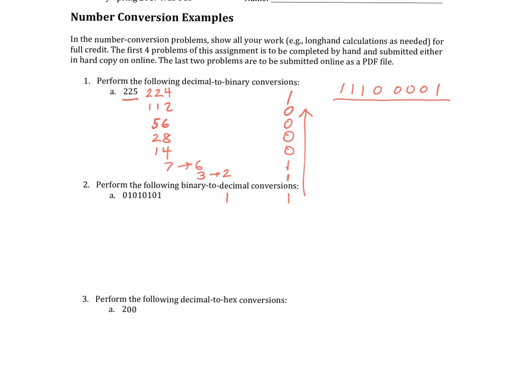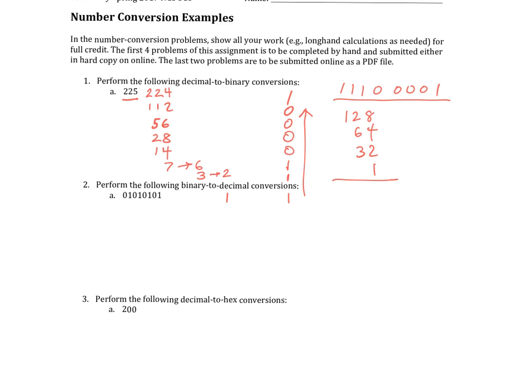Let's double check that. The places here go from 1, 2, 4, 8, 16, 32, 64, 128's place. So we have a 1 in the 128's place, a 1 in the 64's place, a 1 in the 32's place, and then we don't have anything in the 16's, 8's, 4's, 2's, but we have a 1 in the 1's place.